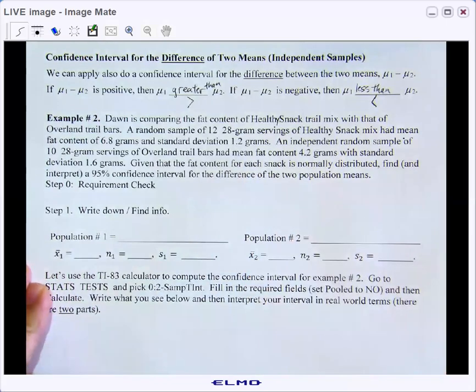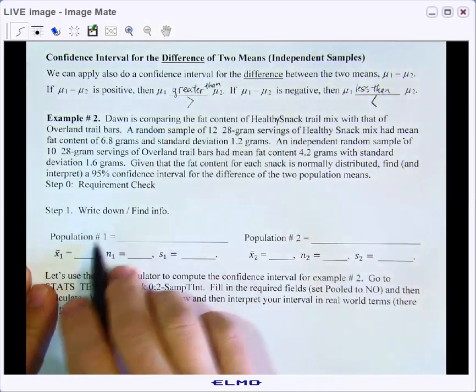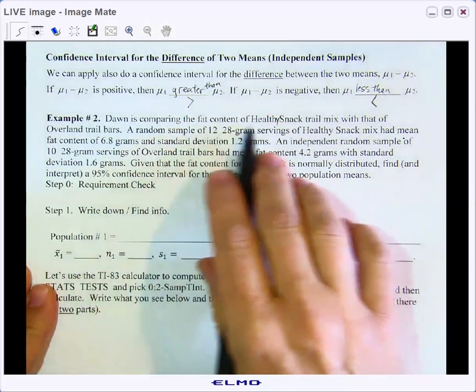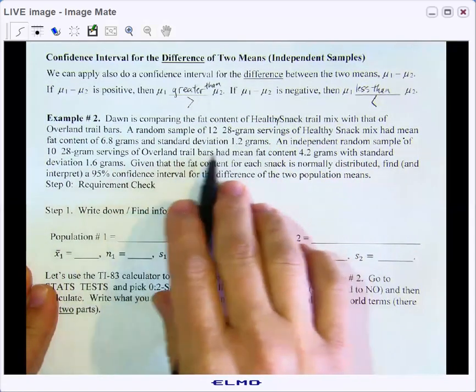So first off, we do a requirement check. Just by the way the problem gave it to me, I'm going to let group 1 be healthy snack fat content and group 2 be overland trail bar fat content.